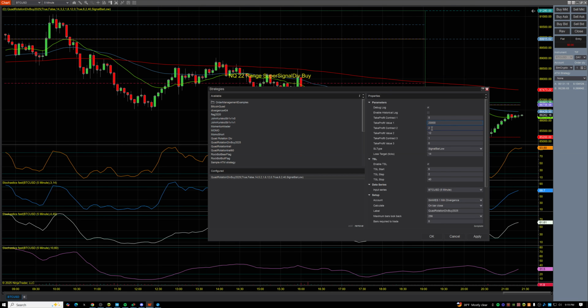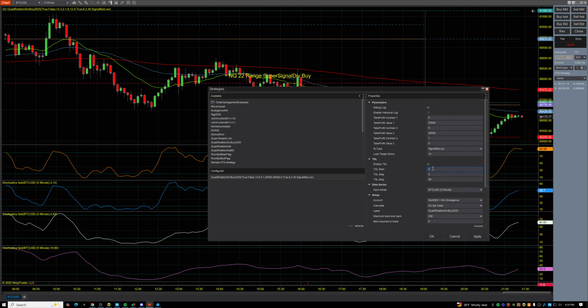So that's 5 out there, and then say we're going to do another 5, and we're going to take another 20,000, so we have 40,000. So 5 are coming off after 20,000 ticks, which is $200, and then another 5 come off if it goes up $400, and then we'll keep one on and follow it up.